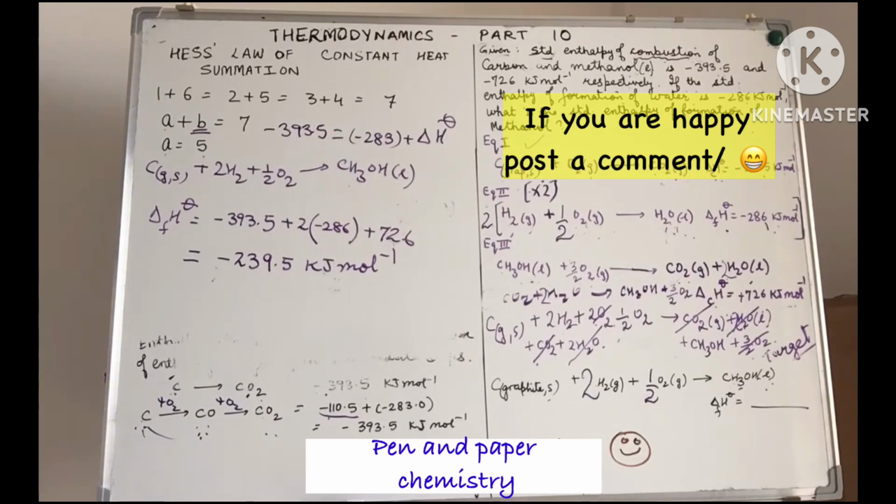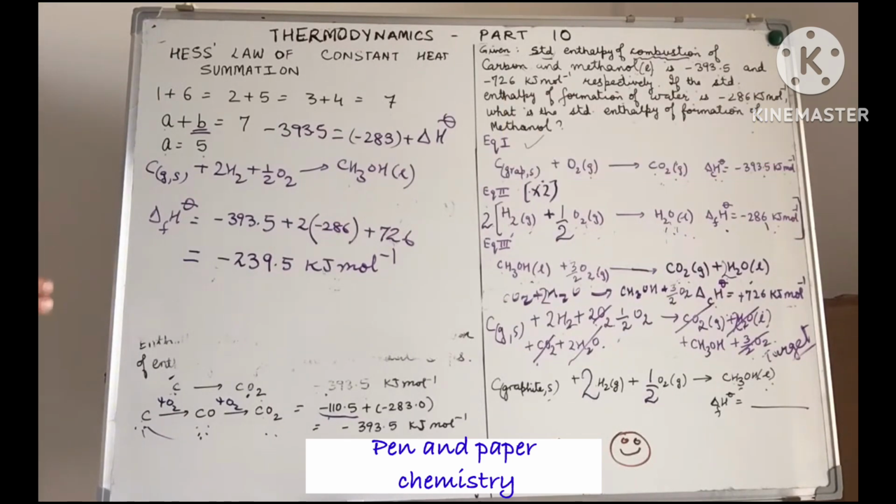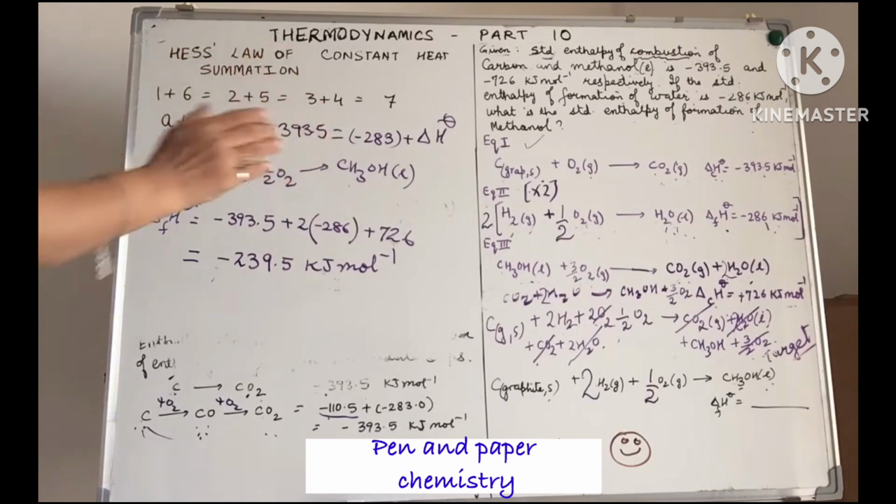So what you have to do is just keep the target equation in mind and either add or subtract the equations. Once you have two equations in front of you, you would know what to do with the third equation. It gets very confusing. You'll feel nervous when you add the two equations.